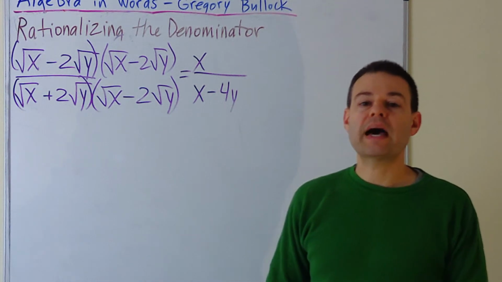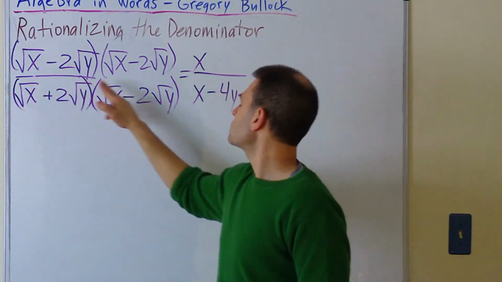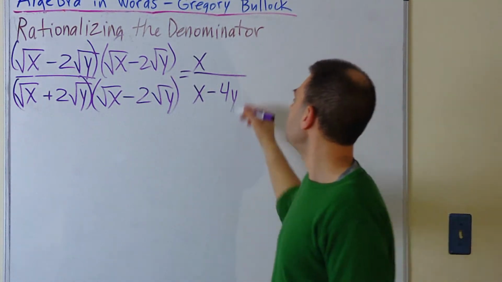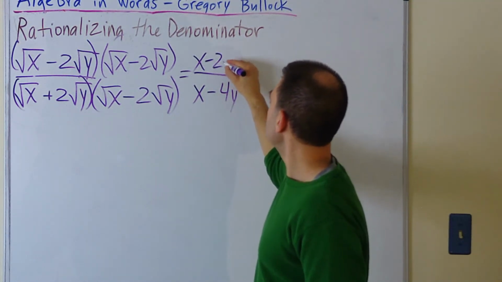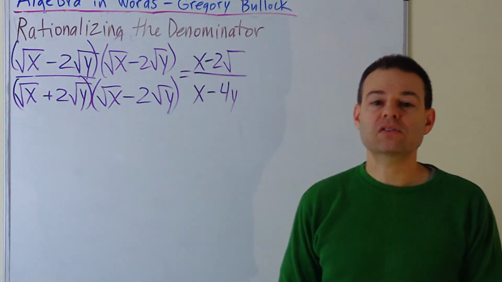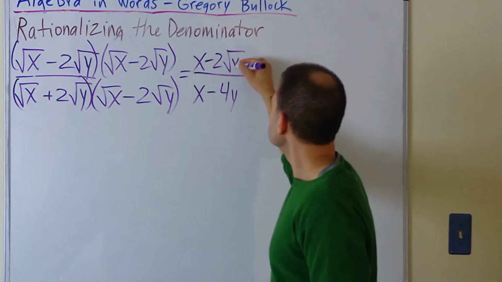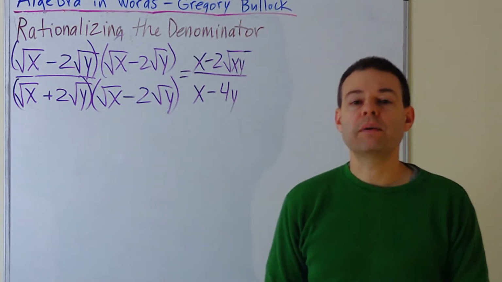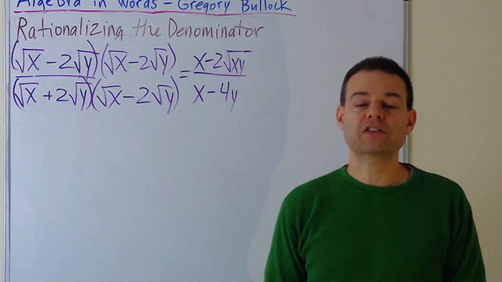Then the product of the outside. Square root of x times negative 2 square root of y is going to now be negative 2 square root of xy. And in this case, I'm using the product rule for exponents.